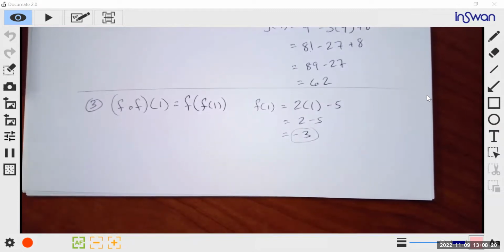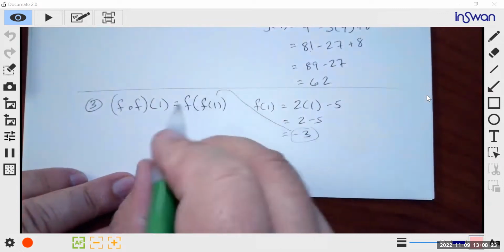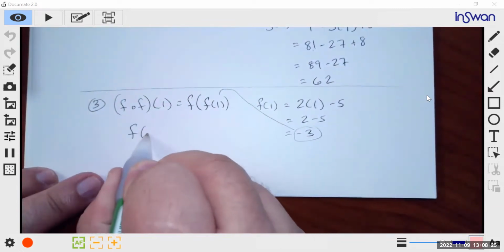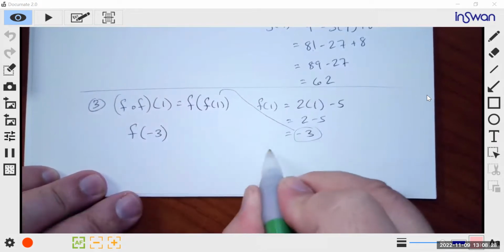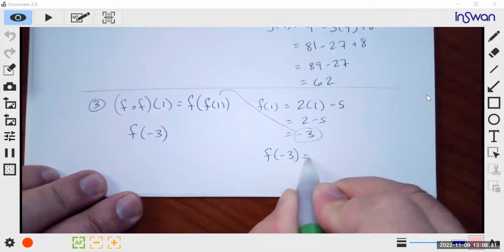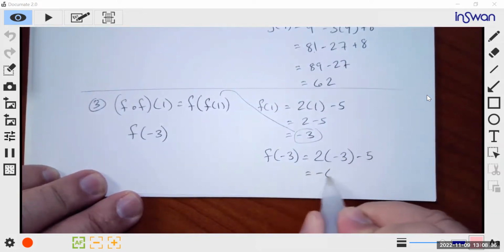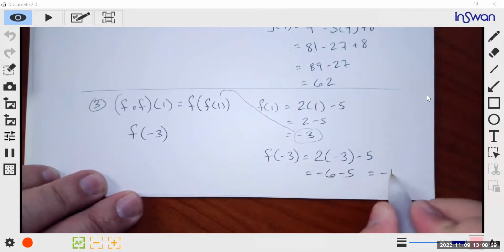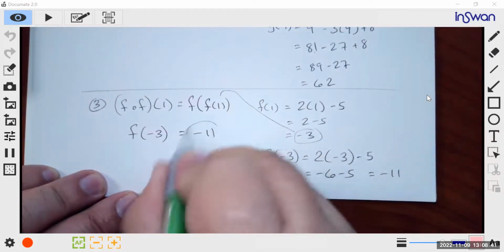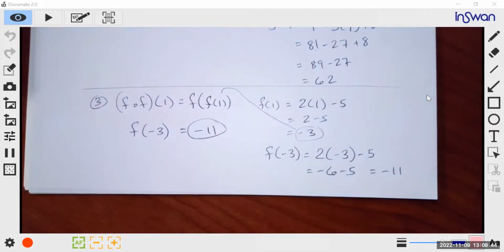We should know how to do this already. So the answer is negative 11. Don't just nod along; wait till you're finished, then look at the board. If you're not sure what you're doing, then ask me questions.